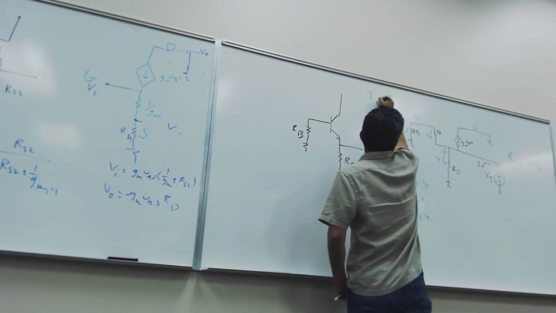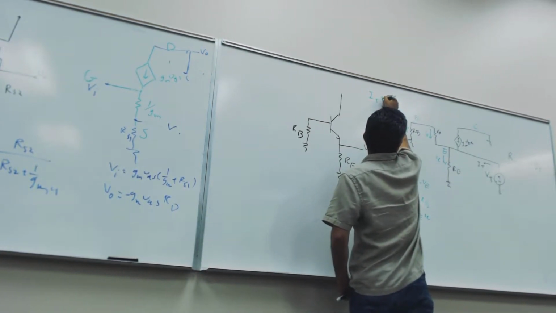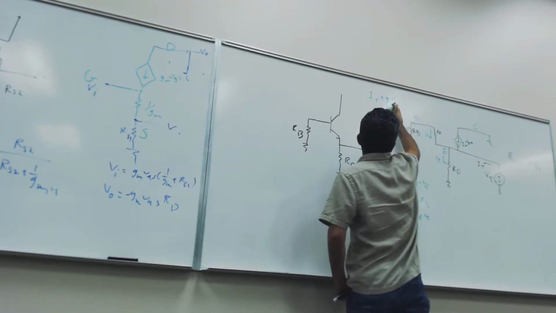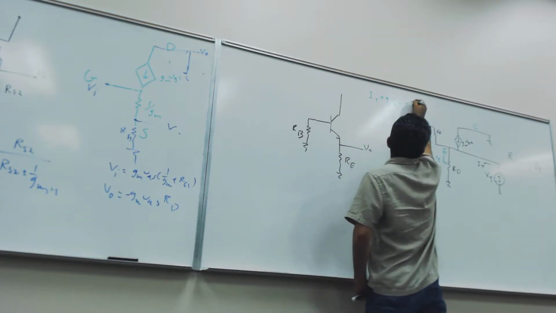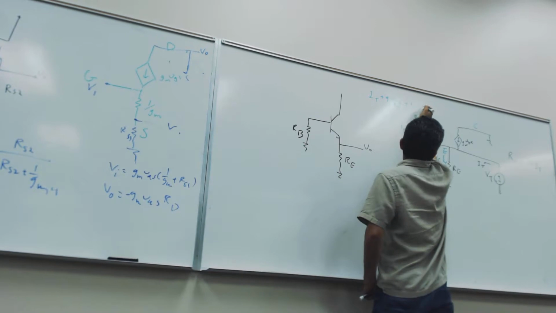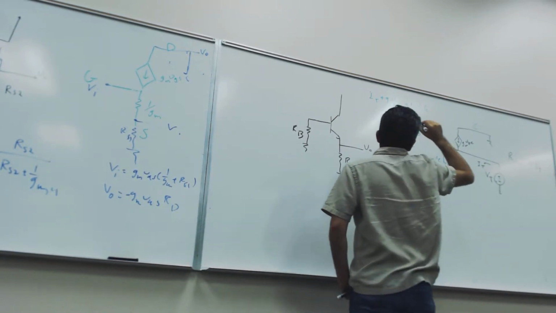KCL: IT plus GM VBE plus IB is equal to IE.